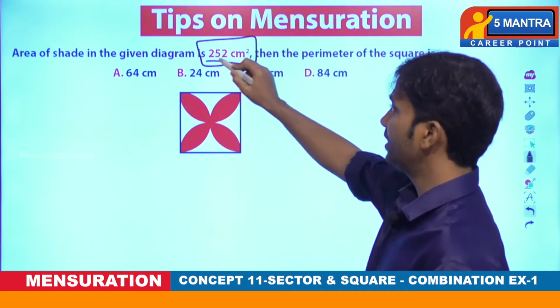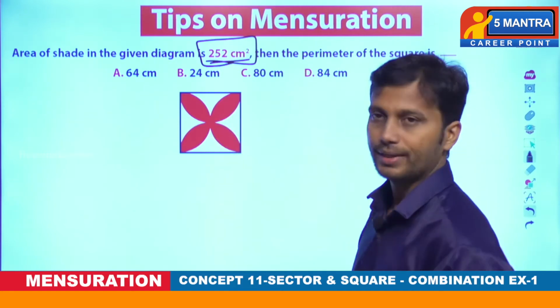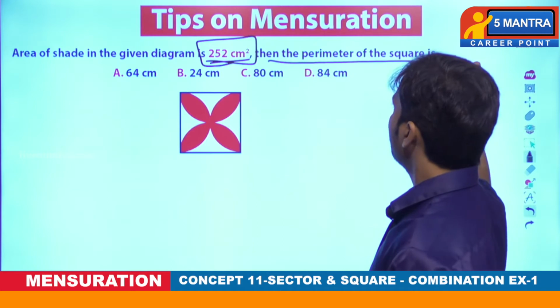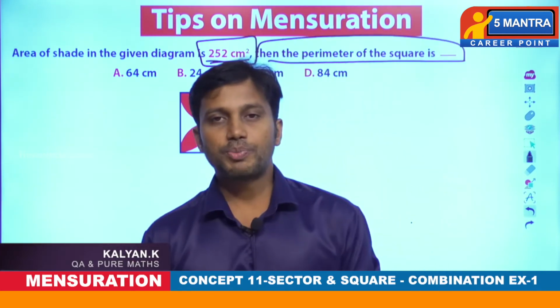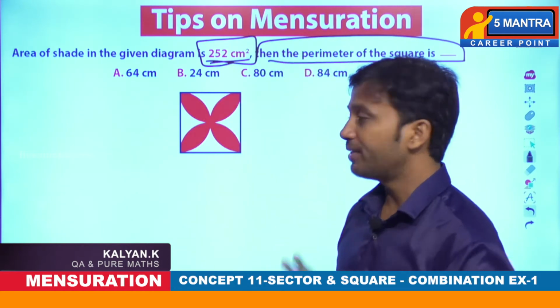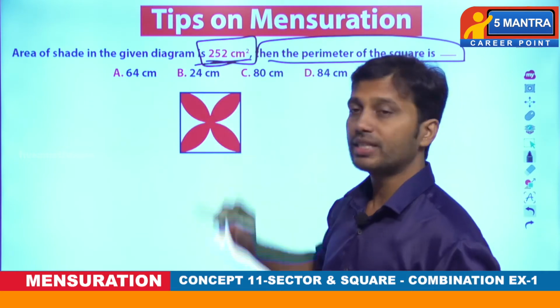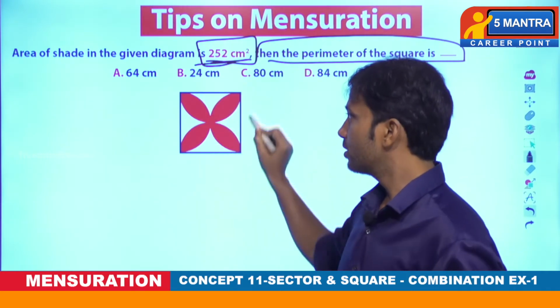So area of the shade is given as 252, that means this flower portion only. Now, the perimeter of the square is dash. So here we need to find the perimeter of the square. Once again, what is given is the area of the shade, and you need to find the perimeter of this square.